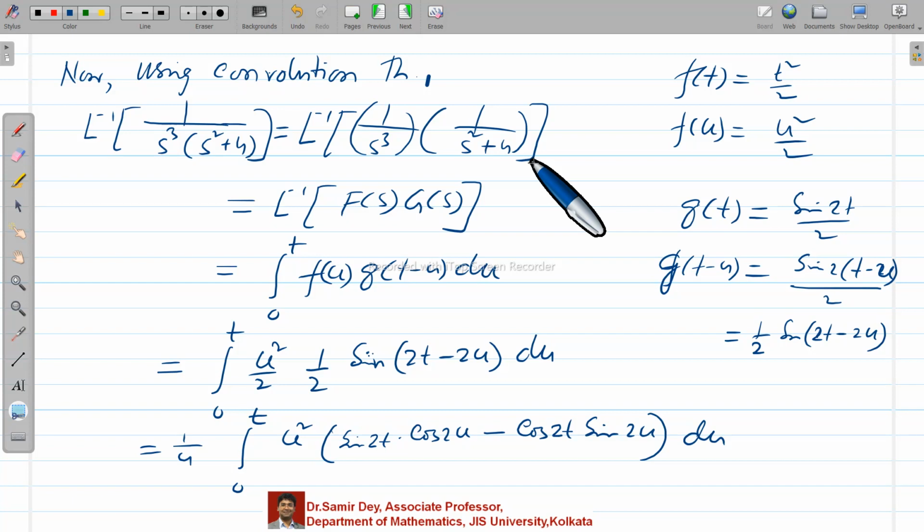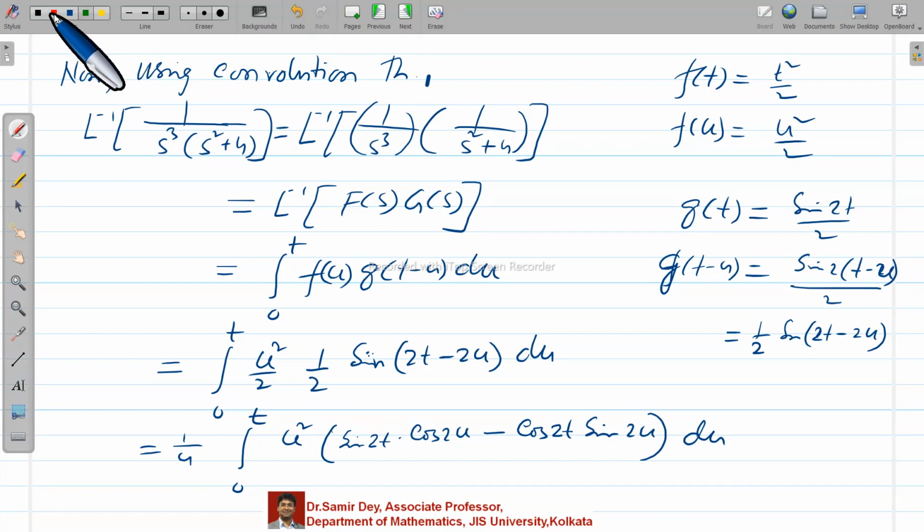Basically we want to separate t and u, because at this stage t is a constant, you have to take it outside, and u is a variable. So that's why I have separated this. That is the sin a minus b formula, sin a cos b minus cos a sin b. Is it clear to all of you? Please note it down.